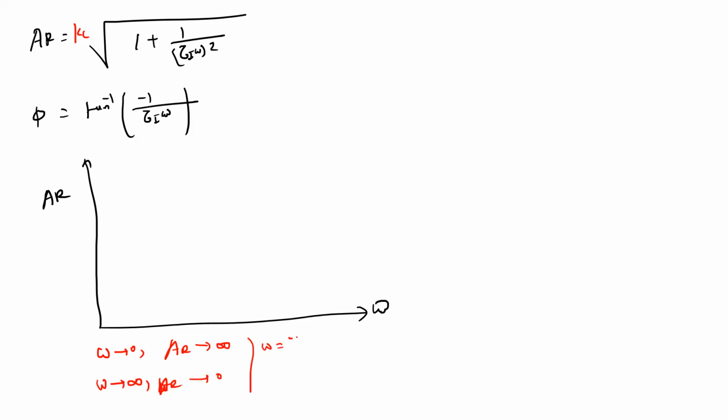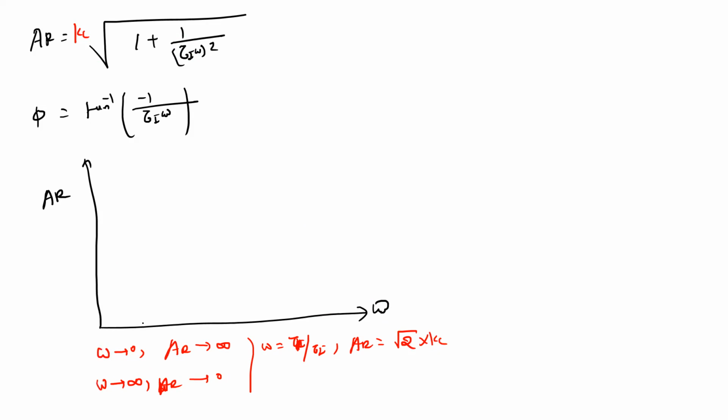And if omega tends to 1 upon tau I, what will happen? Your amplitude ratio is equal to, this one is 1, so 1 plus 1, 2, root 2 into Kc, right? So this will be the case.